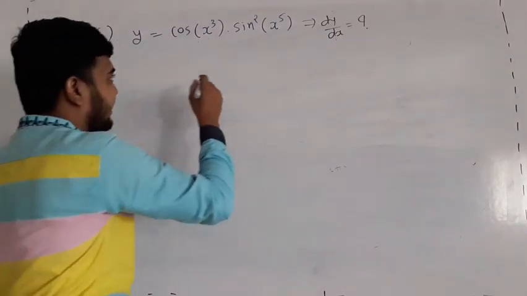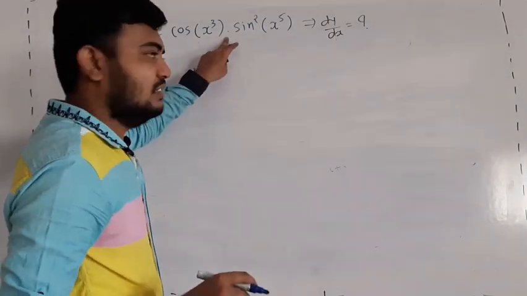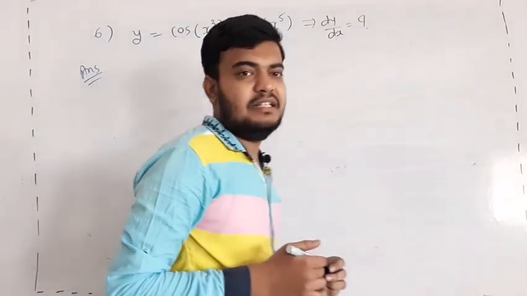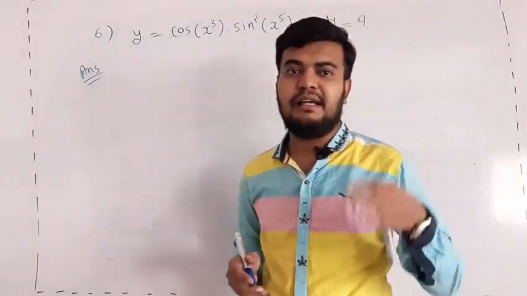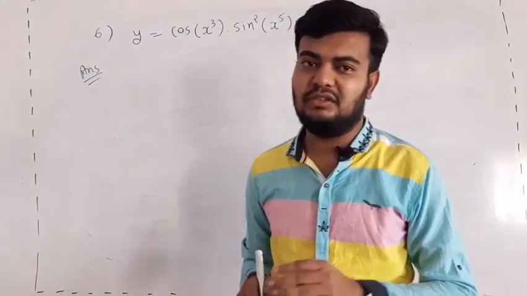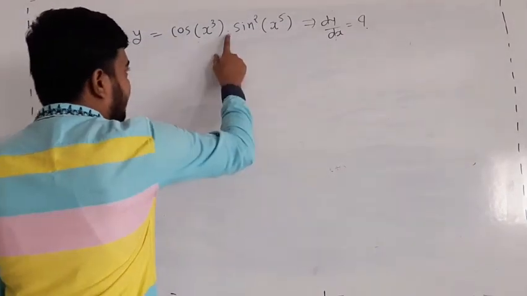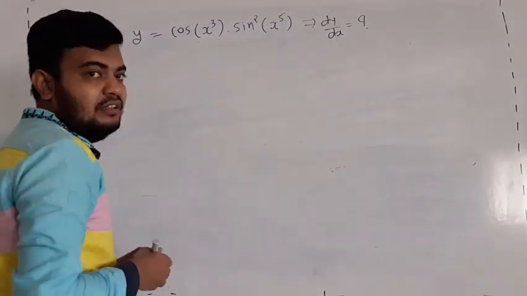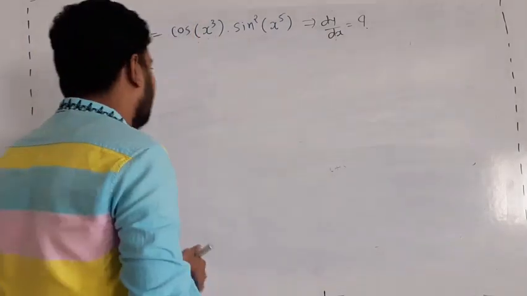So here there is a multiplication sign. We multiply these two functions. So we know that if there is a multiplication or division sign between two functions, then first we apply the multiplication rule or division rule, and after that apply the chain rule. So if we want to differentiate y, then we use the multiplication rule.